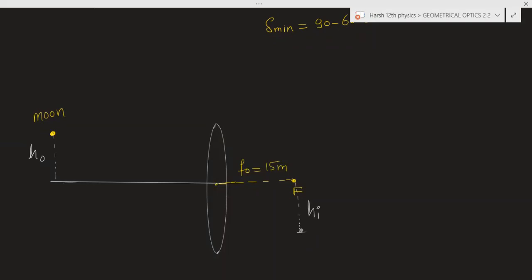And this distance you can take x. What is this distance? This is the distance between the objective lens, which is on Earth, and the moon. So this is the distance between the Earth and the moon. So you can just call it x.